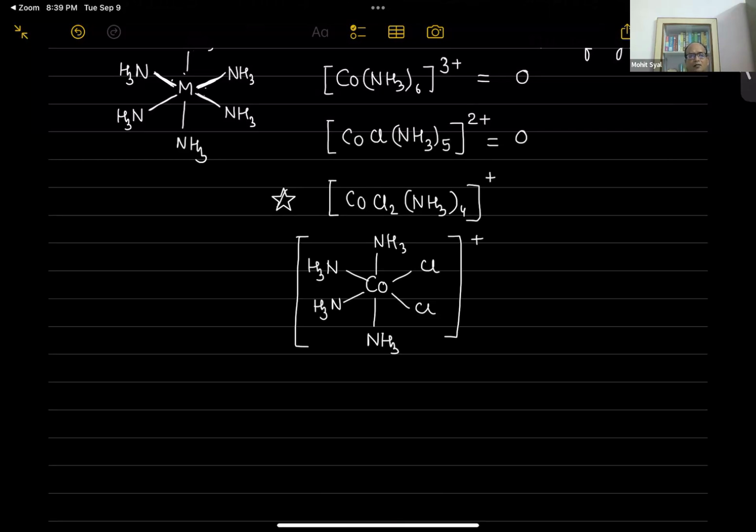Is it clear or not? The one which I have just written, is it cis or trans?